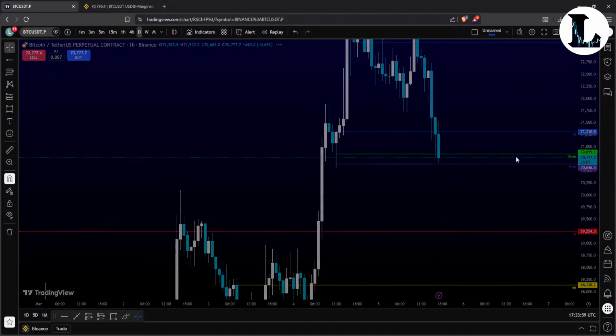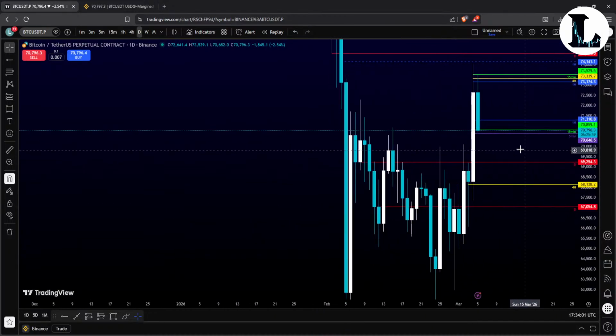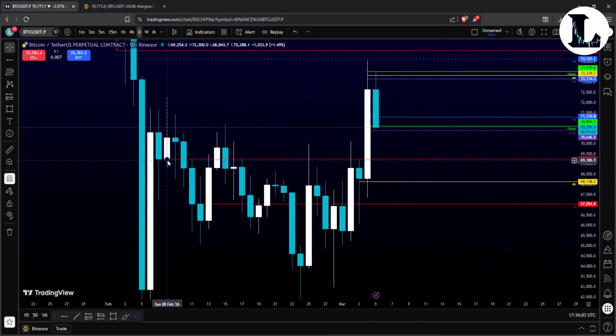So if we go to the daily, I'm going to delete this. Oh, it's almost the same as this daily. And this daily, we don't have, not yet, two white candles. So I'd rather have this previous big resistance turn into support.